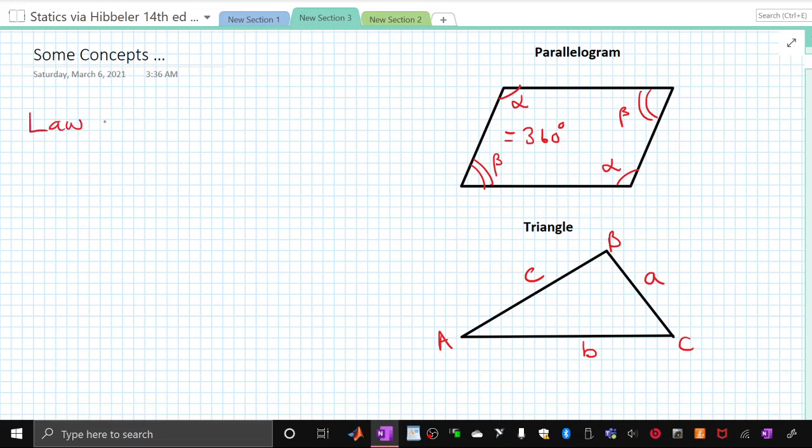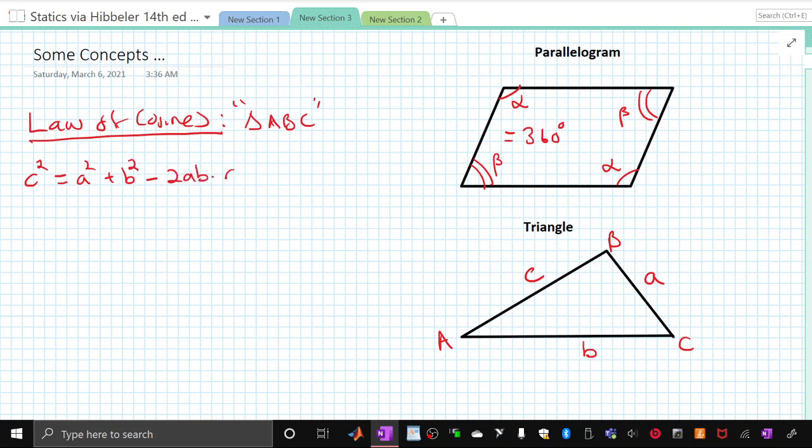This is called the law of cosines, and following the pattern, following the name of this triangle ABC, the law of cosines says that c squared has to be the same as a squared plus b squared minus 2ab times the cosine of C. That is what the law of cosines says.